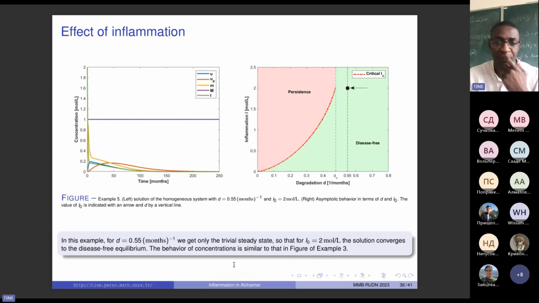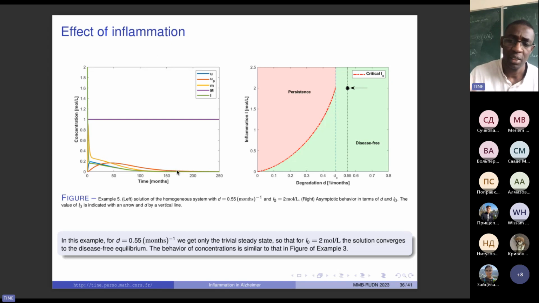So, of course, here we do the maximal thing. That means we take I naught very, very big, like 2 mole per liter. If we take it here, we see that we converge toward the disease-free equilibrium if we look at this diagram.